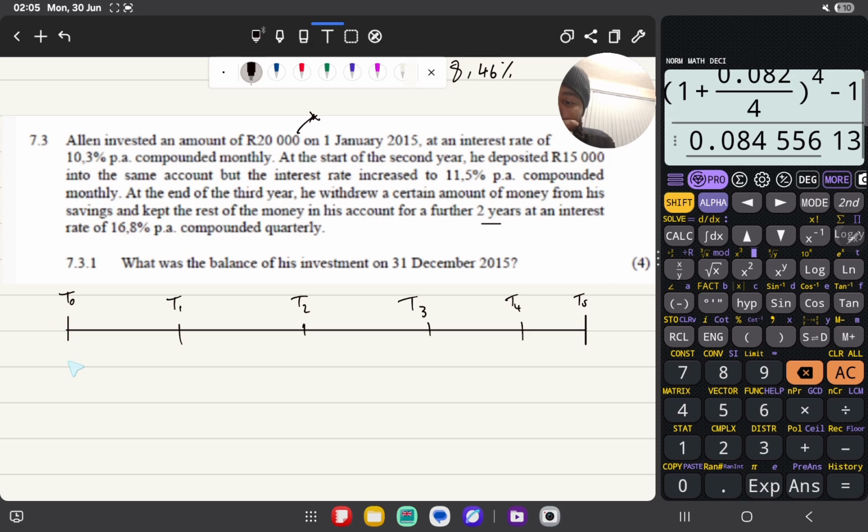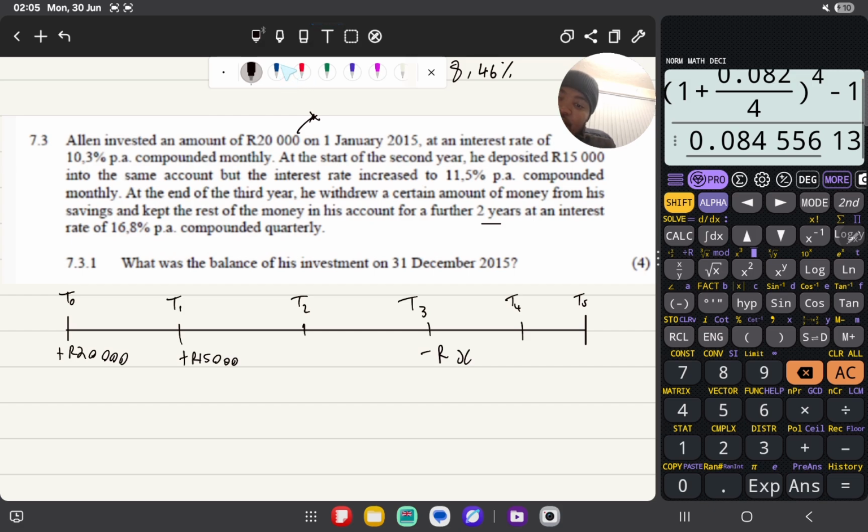At T0, he invests 20,000. At the end of year 1, he deposited 15,000. And here at the end of the third year, he withdrew some cash, I'll say RX.